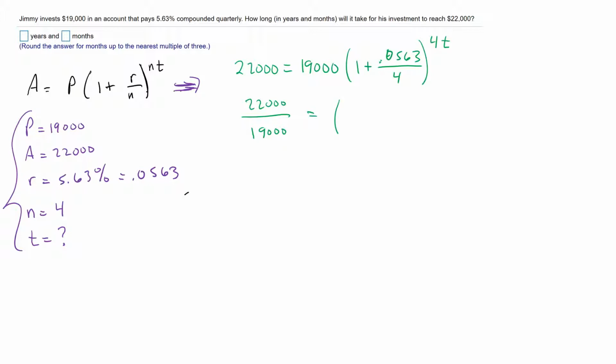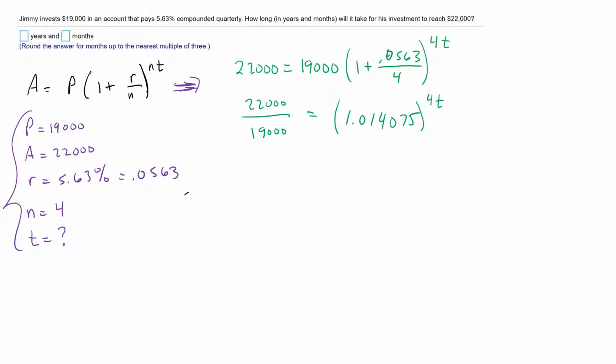Using my calculator, I have 0.0563 divided by 4, and then I'm hitting enter, and I'm adding 1. So I simplified what's in these parentheses with the help of my calculator, and I got 1.014075.